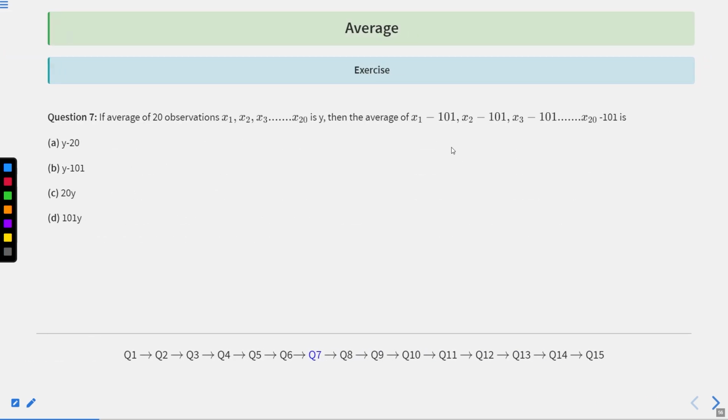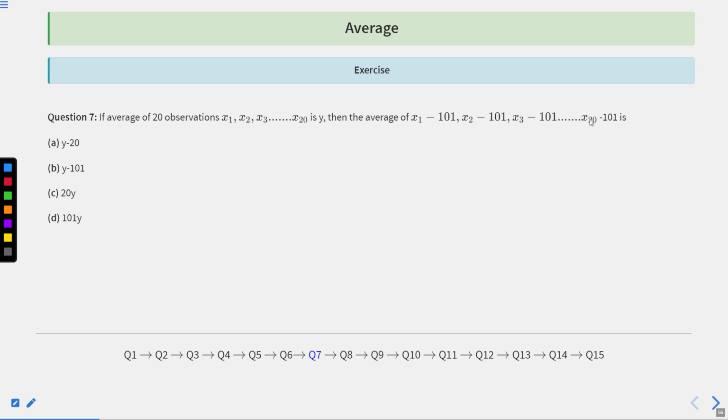Moving ahead to question number 7. If the average of 20 observations x1, x2, x3, dot dot dot, x20 is y, then what is the average of x1 minus 101, x2 minus 101, x3 minus 101, until x20 minus 101?